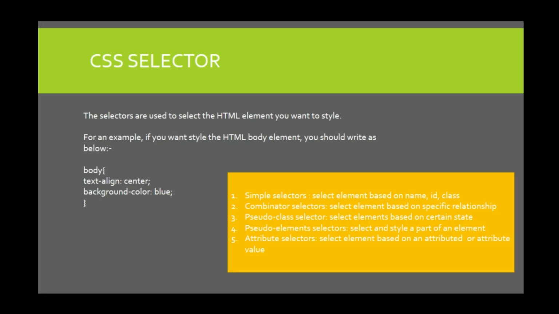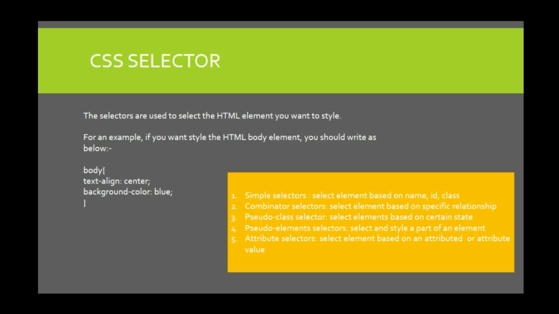We have 5 types of CSS selector. The first one, the simple selector, selects elements based on the name, ID, and class. Second, the combination of selectors, selects elements based on a specific relationship.